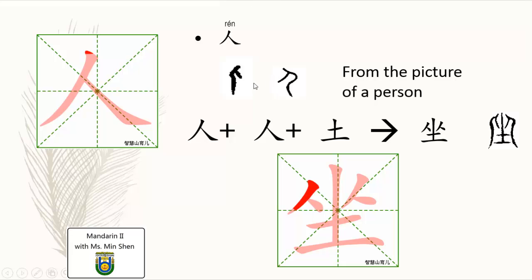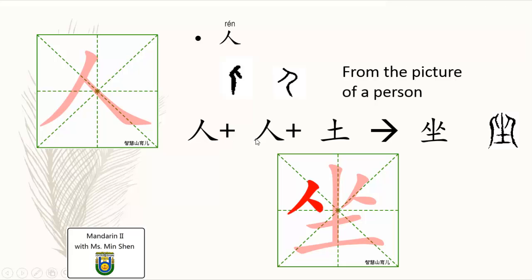During the ancient time, this person either faced right or faced left, but today we make this form of the writing of the 人. You have to make sure the left stroke 撇 is always above the right stroke 捺.